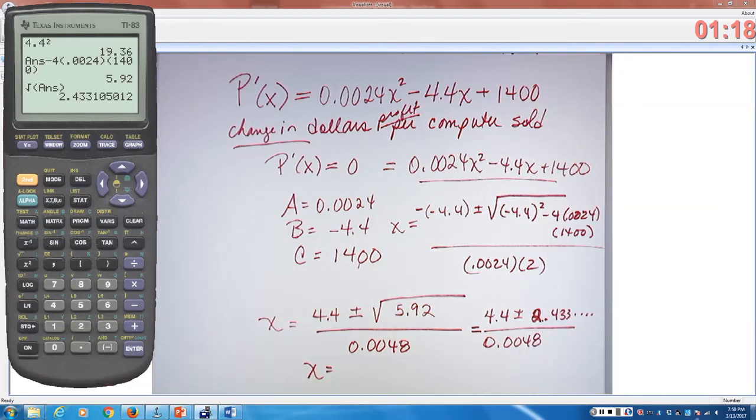And then I'm going to take that answer, which I'm going to round off to 2.433, and say 4.4 minus 2.433, and then divide that by the 0.0048. So there's one value.